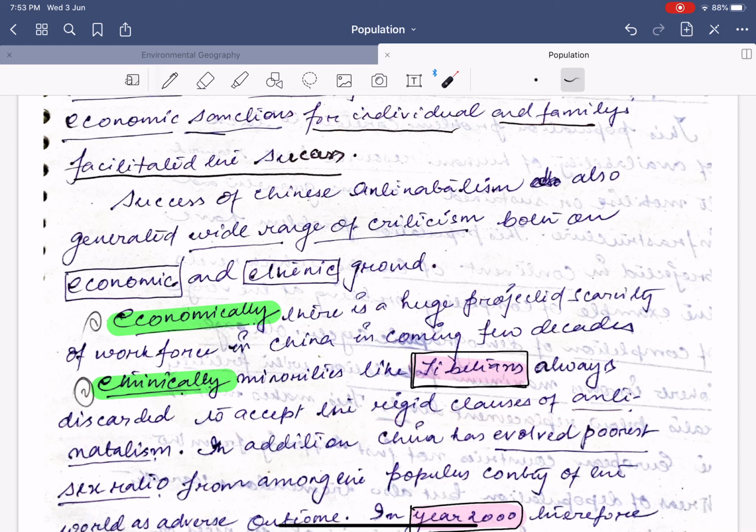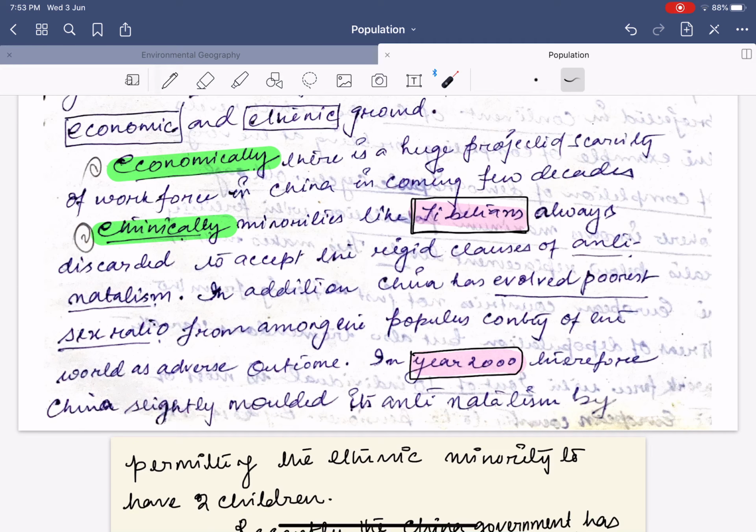The Tibetans said that we won't accept Chinese antinatalism, and there was also civil protest. Recently in the news, if you have seen, the Tibetan Prime Minister in exile gave an interview against China, and this was covered by some of the Indian media. You can watch this on YouTube.